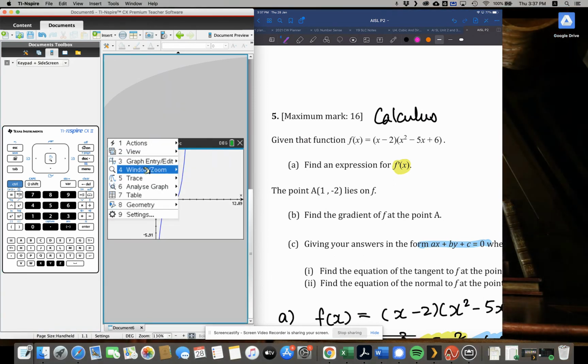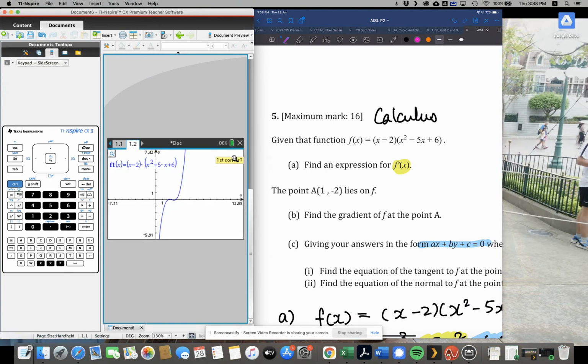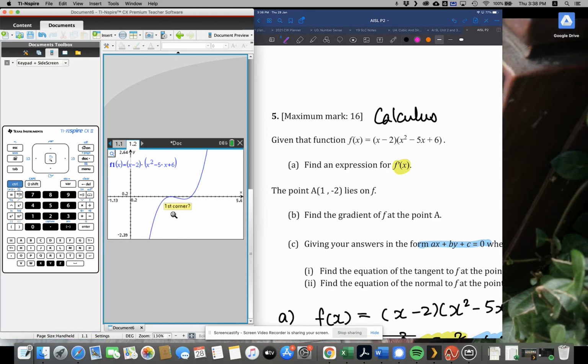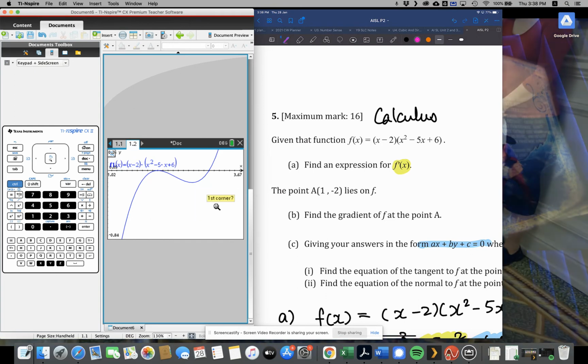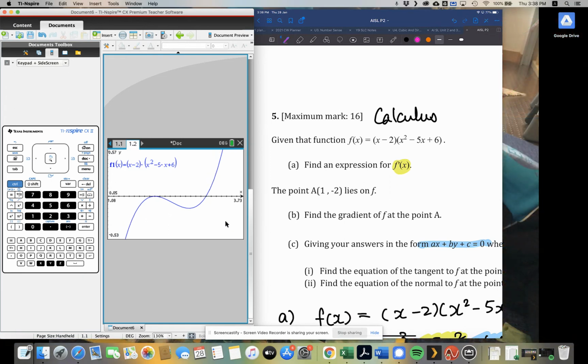In order to have a better look, I am going to use zoom box. Zoom box allows me to just focus into a certain region. So that seems good. If I want to have a better look, I can do it like this. Even better. So press escape, you can get out from the zoom function.